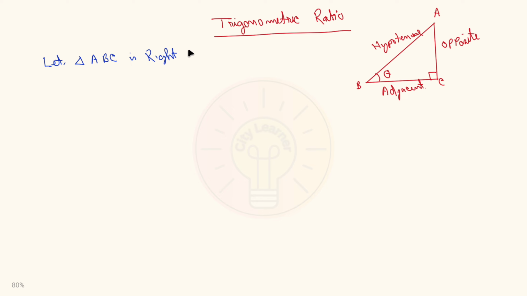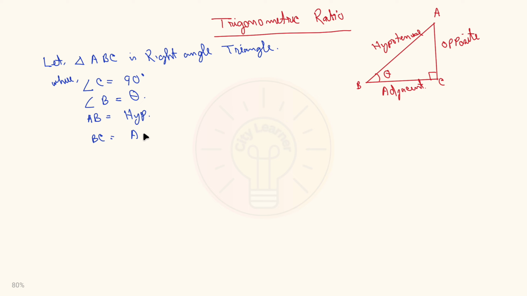The side opposite theta is called the opposite side, the longest side is the hypotenuse, and the base is called the adjacent side. So AB is the hypotenuse, BC is the adjacent side and AC is the opposite side.